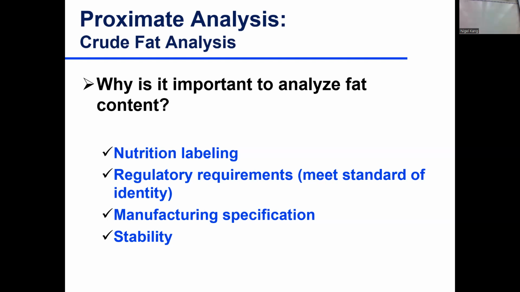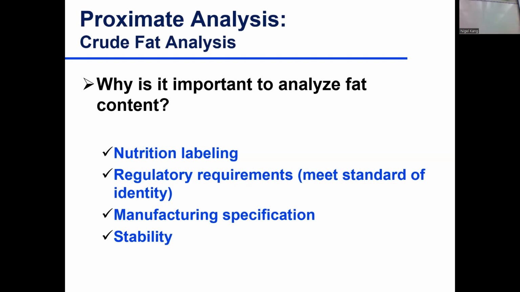So if you want to label a product as whole fat or non-fat or fat-reduced product, milk, cheese, or whatever, then we need to know the fat content of that product. Otherwise, we cannot say, okay, it's a whole milk, or it's a whole fat, whole milk cheese.